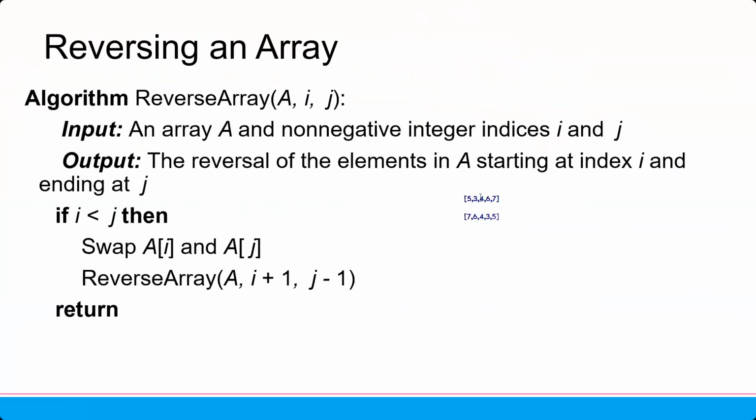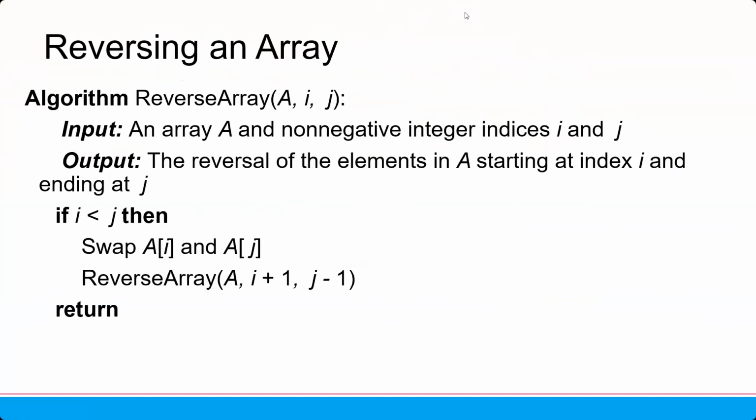This is the meaning of reverse. If this one is index 0 and this is index 4, we want to swap. So index 4 will be first, index 3 will be second, and the middle value will be the same.